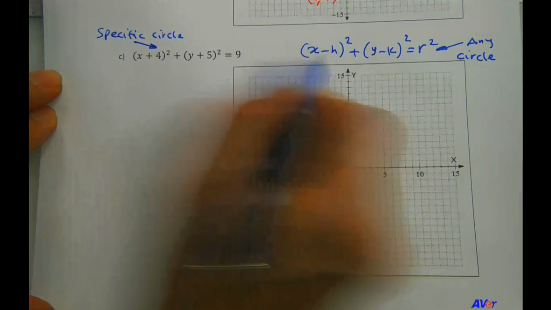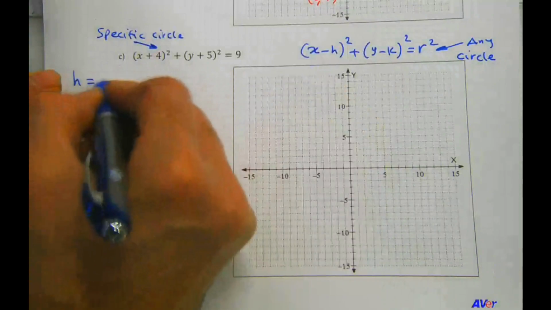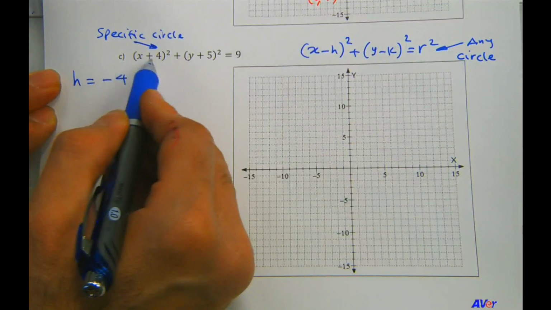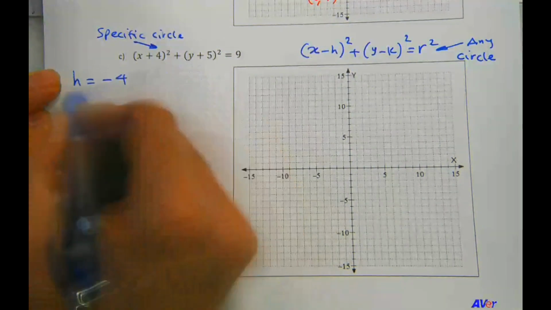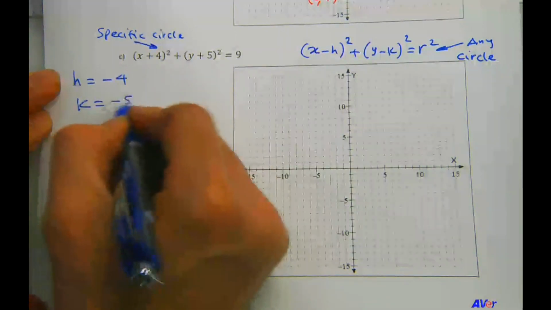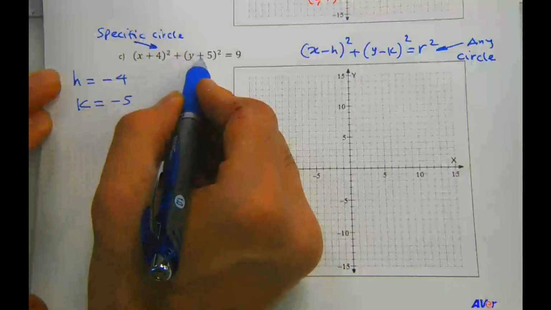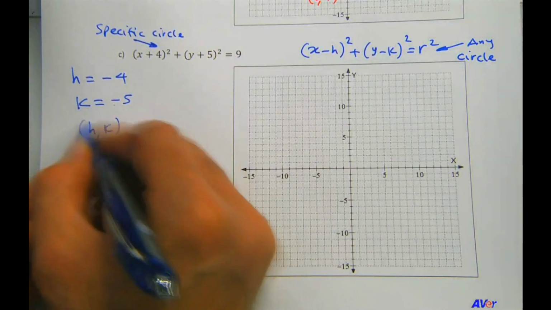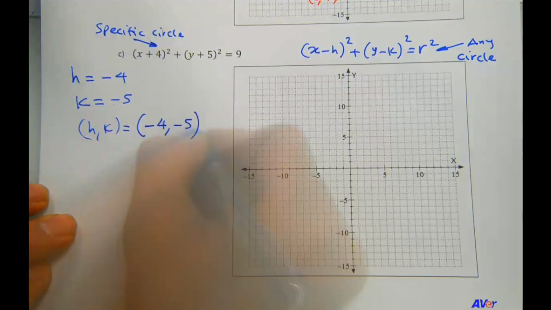What would h have to have been? Comparing this with that, h must have been negative 4, right? Because minus 4 will give us the positive 4 that we have here. What would k have to have been? K would have to have been minus 5, right? Because minus 5 will give us the positive 5 we have here. So h comma k, or the center of the circle, has coordinates negative 4 comma negative 5.